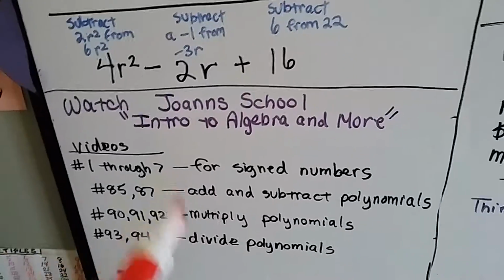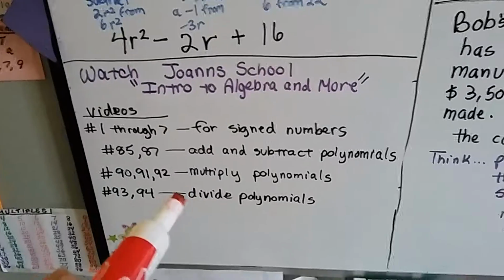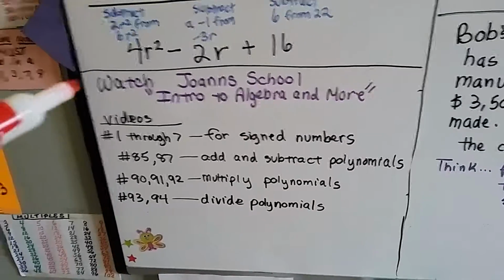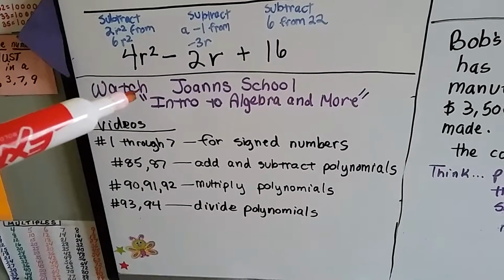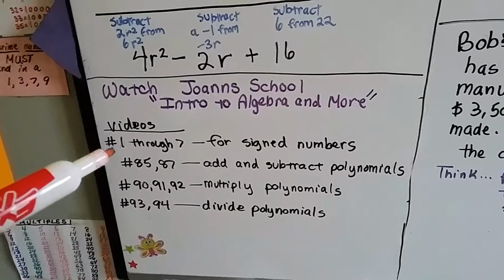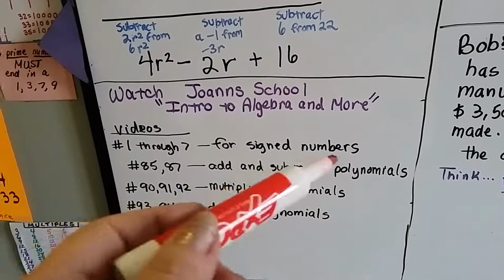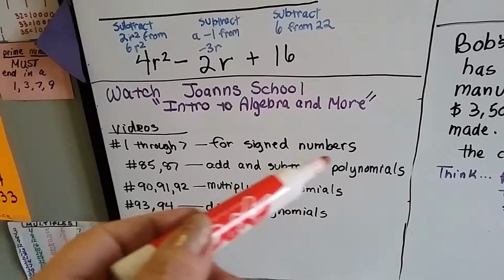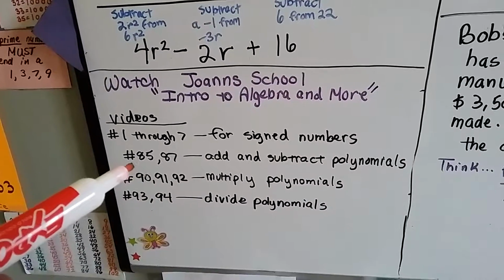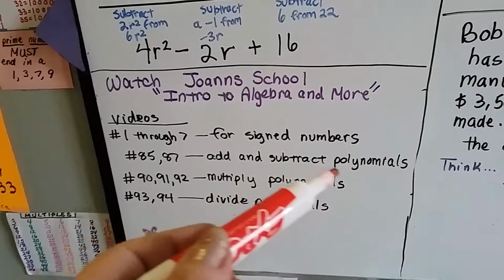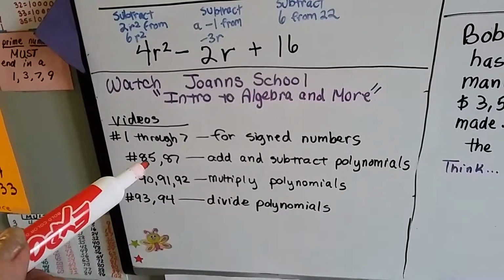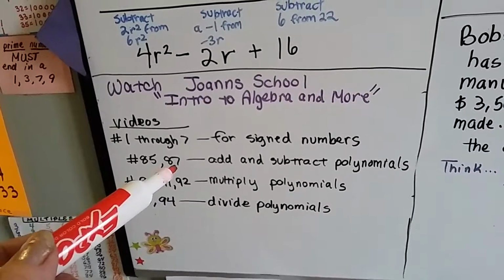Now, if you're having problems with signed numbers, my advice is I have a playlist called Intro to Algebra and More. Videos 1 through 7 tell you all about signed numbers, adding, subtracting, multiplying, dividing. And if you have trouble with adding and subtracting polynomials, then you can watch videos number 85 and 87.